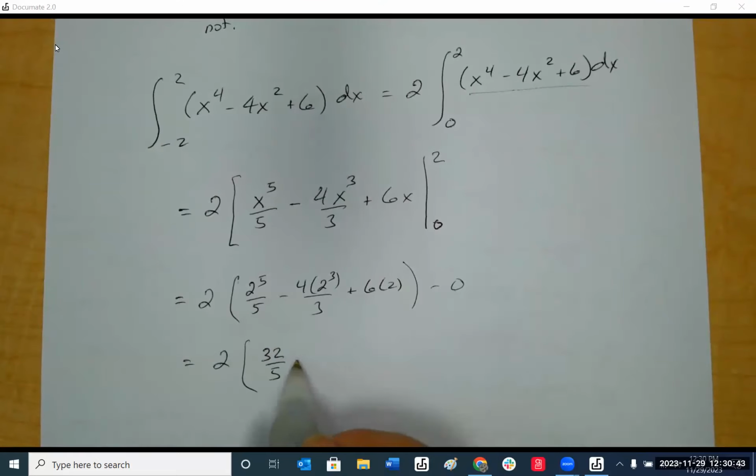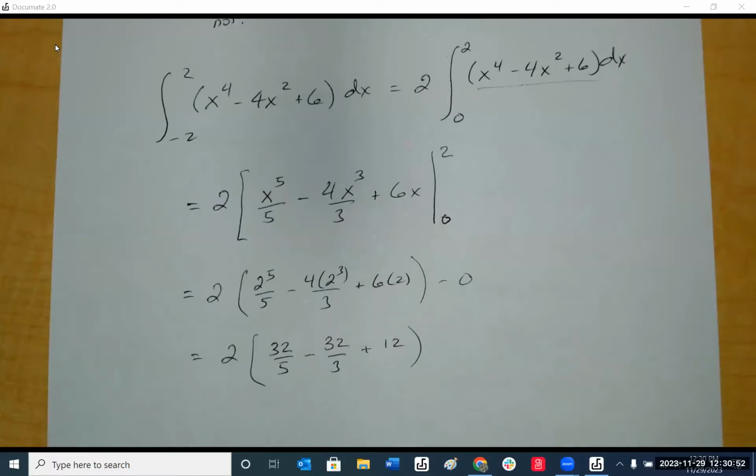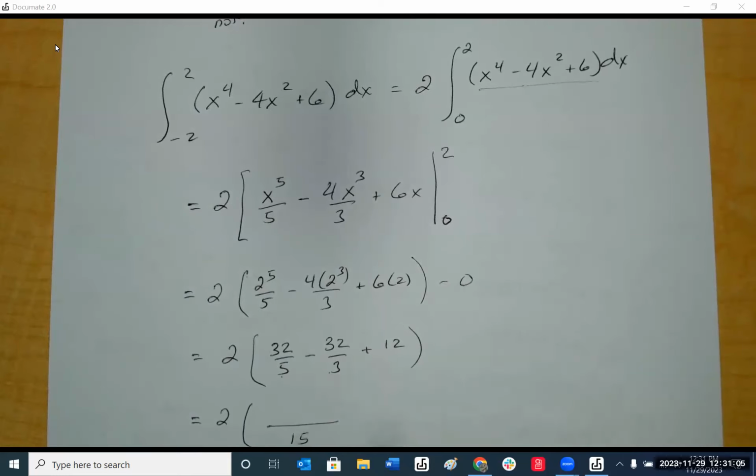32 over 5, 8 times 4 is 32 over 3, and 12. The LCD is 15. So this one multiplies by 3, this one by 5, and this one by 15.